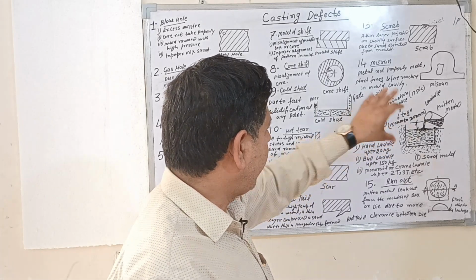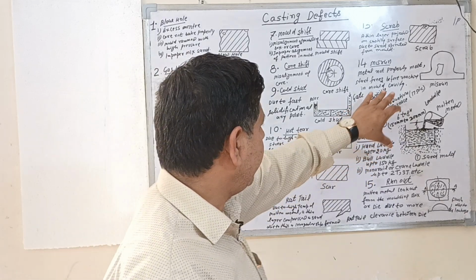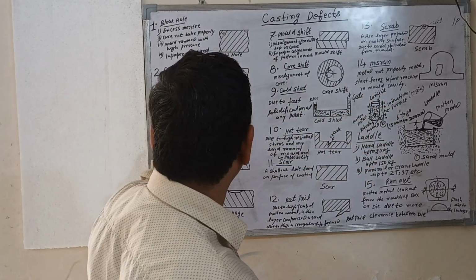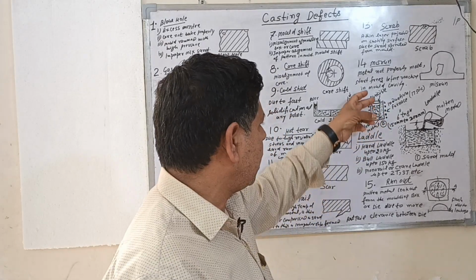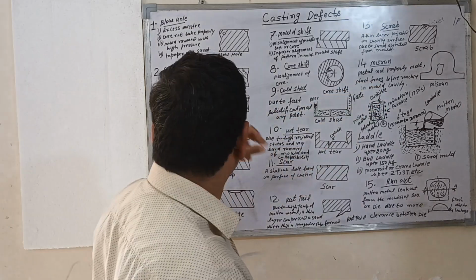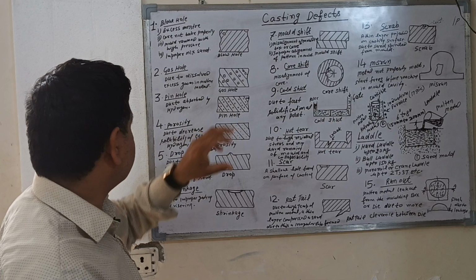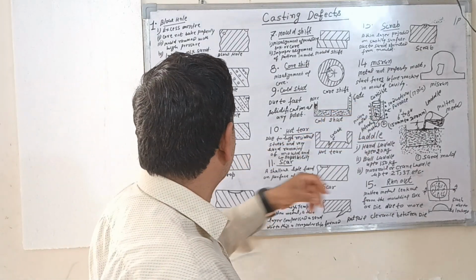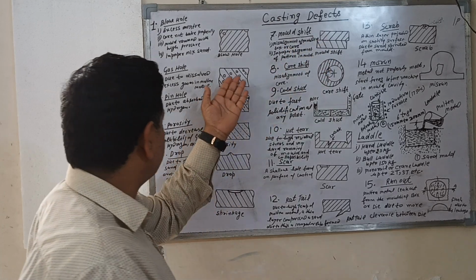Hydrogen and nitrogen are present in excess in the atmosphere. So hydrogen, nitrogen or oxygen are dissolved in the molten metal. Due to the excess of these gases dissolved in the molten metal, gas hole defects are produced in the casting.